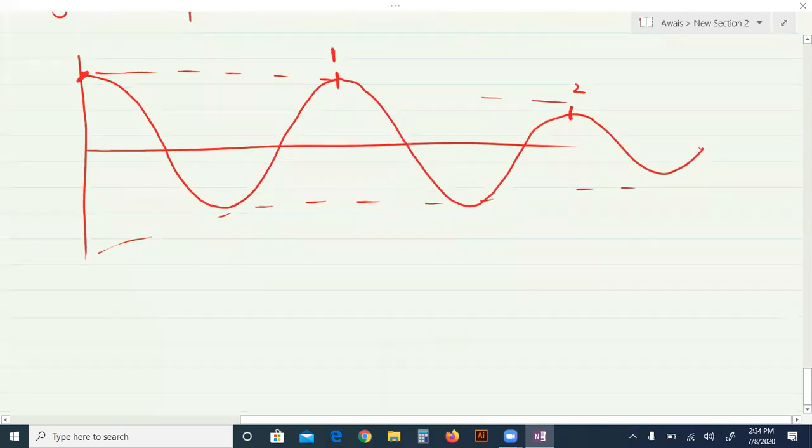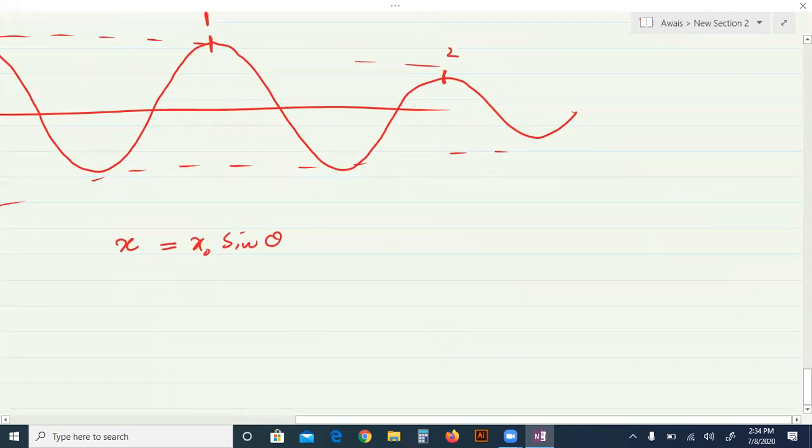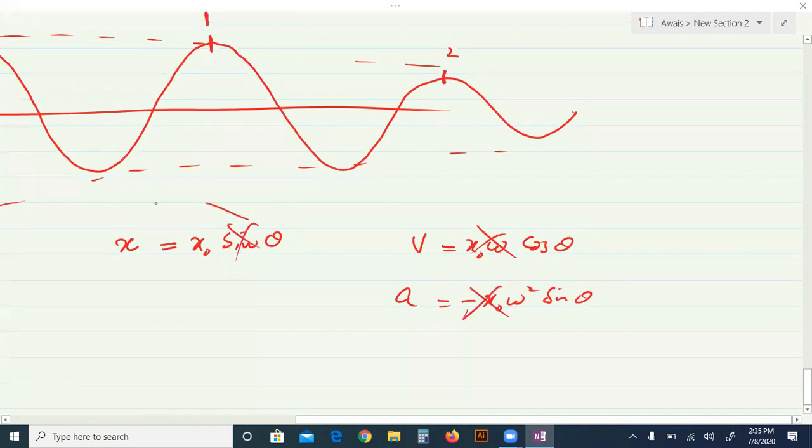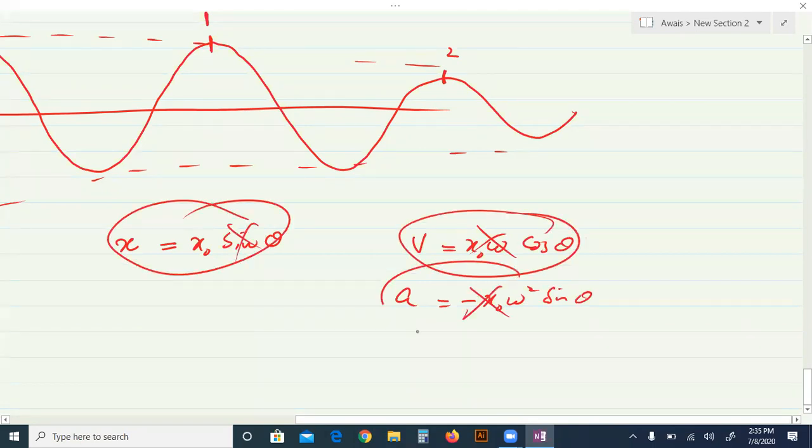Now the problem is, in all damped motion, we can't apply the equations x is equal to x naught sine theta, v is equal to x naught omega cos theta, and a is equal to minus x naught omega square sine theta. We can't apply them because these equations are only applied when amplitude is constant.